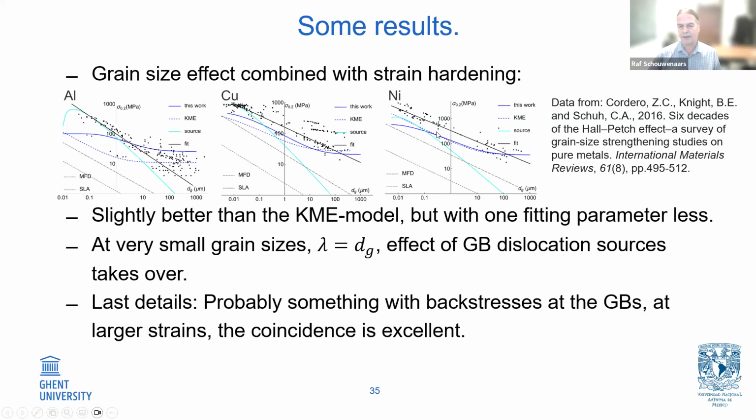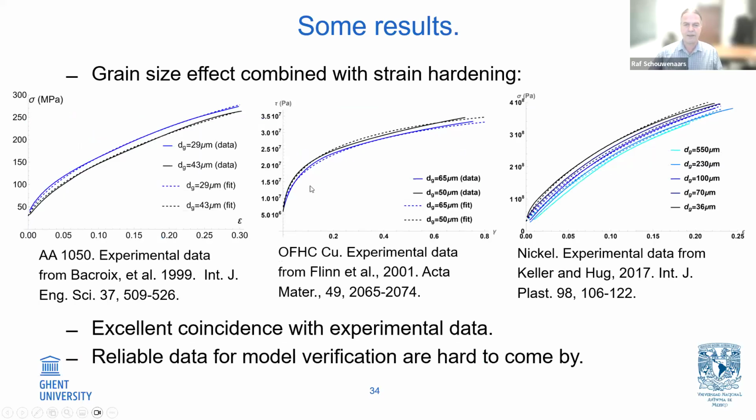In nickel, we are a little below. So something is still missing, which probably is indeed some back stress effect at the grain boundaries. There are good numerical simulations suggesting that this is the case. So that should be worked out more theoretically to push this a little bit up. But once we are sufficiently far away from the yield point, then in fact, the predictions are fairly good.